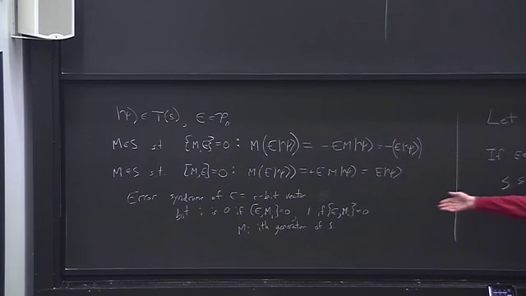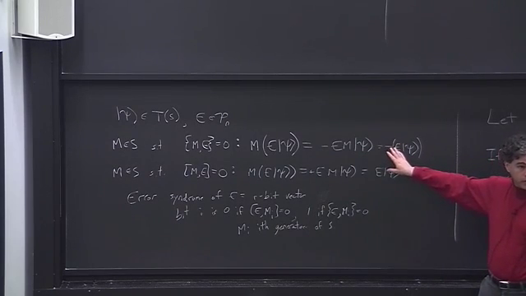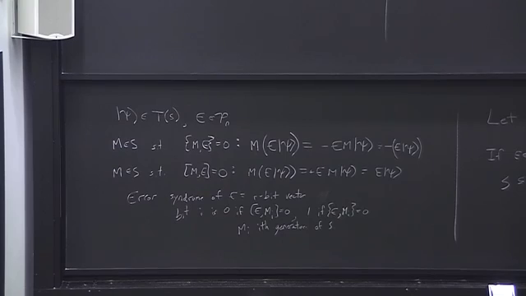So by looking at the list of eigenvalues, that's measuring whether E commutes or anti-commutes. So it's telling us the error syndrome of the error.